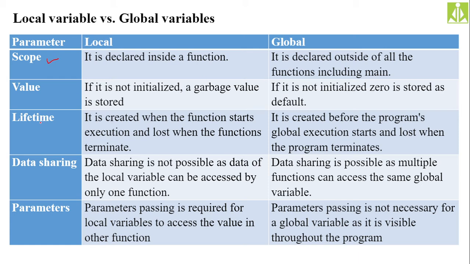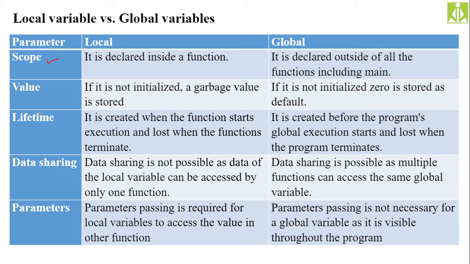Lifetime, I mean, to what extent we can access them. A local variable is created when the function starts execution and lost when the function terminates. Whatever block you keep the local variables inside, they will be created once that block's execution starts, and they will die once that block's execution stops.